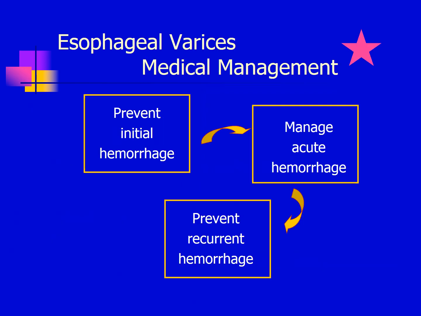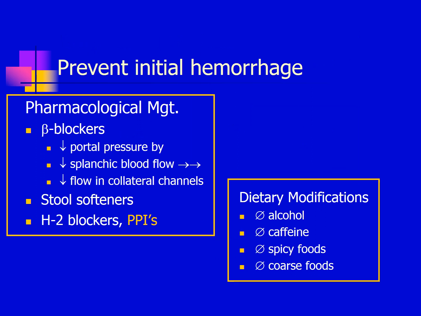So the key is to manage it and prevent it from happening, right? Prevent it from happening, manage it, and prevent recurrence of hemorrhage. Those are the three things you're going to do. So let's talk about how each one of those is going to be met. Next slide. Preventing it means, because of that portal hypertension, we're going to give them things to lower it, right?